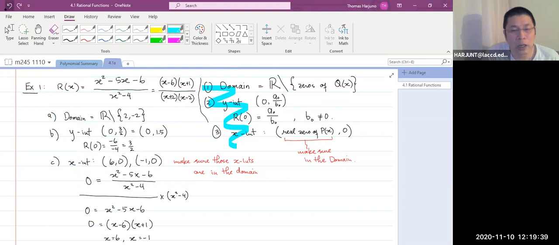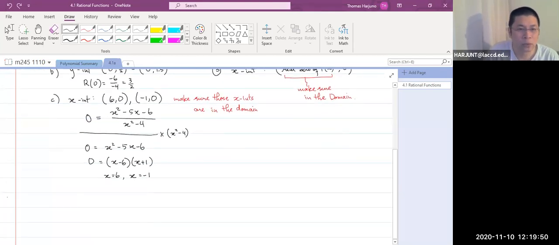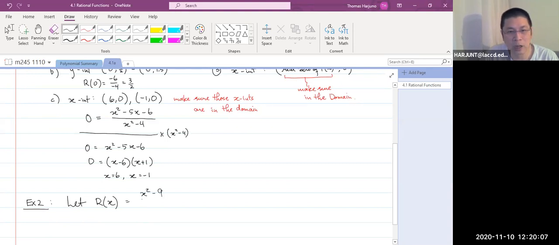Now let's see an example where the x-intercepts give us zeros that are not in the domain. So example 2, let f of x be, let's say, x squared minus 9 over x squared plus 5x plus 6.